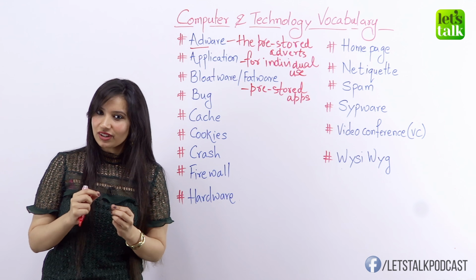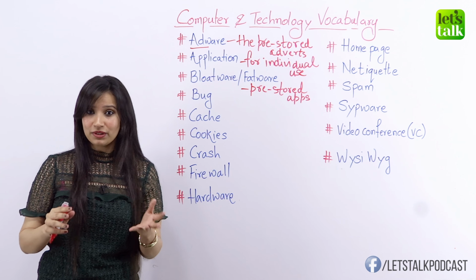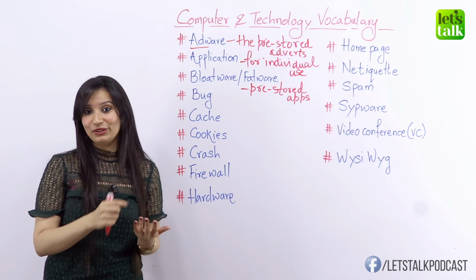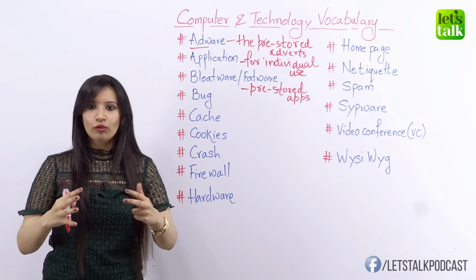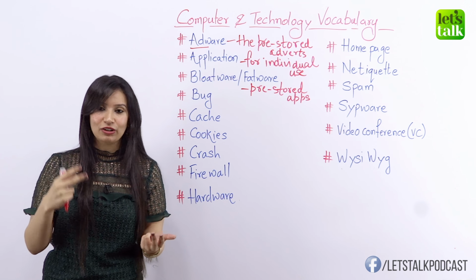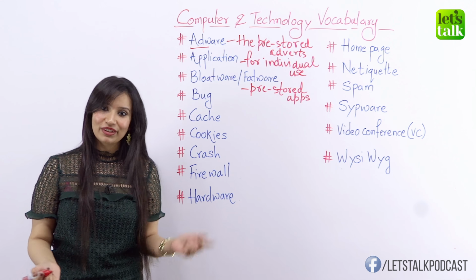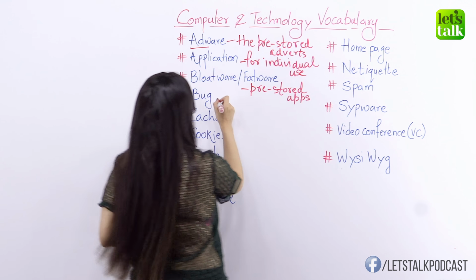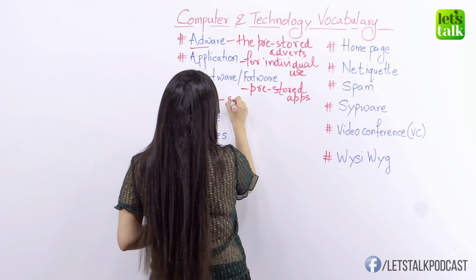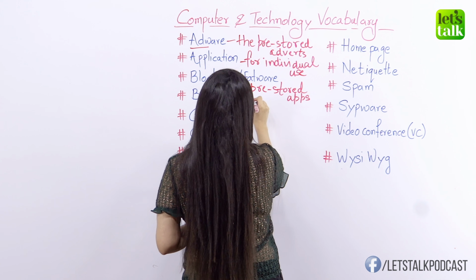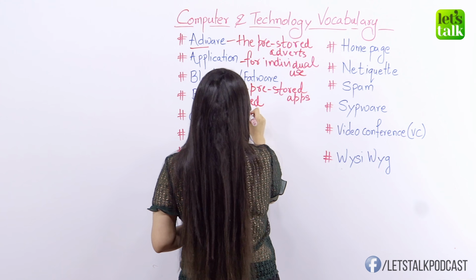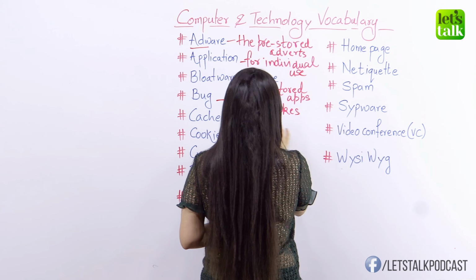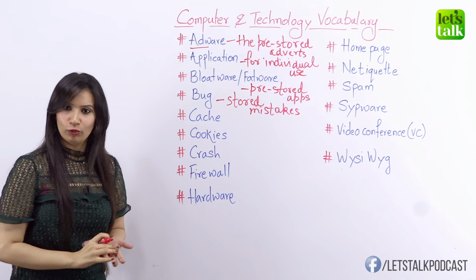So the program writer has made some mistakes while writing the script, and because of that you end up having bugs while you're using the software, and suddenly your phone hangs or the particular application just crashes and you're not able to use it. So they are quite irritating, like the little bugs that we face every day. Stored mistakes in the written language or the written program code.